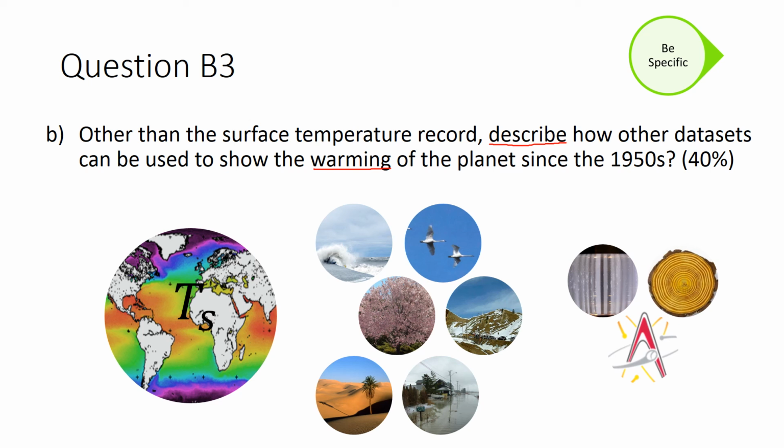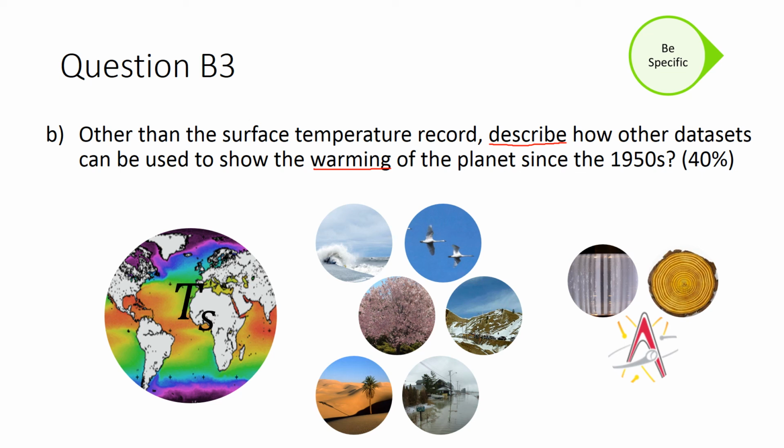So quite a few people wrote about proxies that can tell us about maybe past CO2 levels, which is a measure of the amount of carbon dioxide in the atmosphere from ice cores. Those are not data sets that show the warming. They're data sets that show the forcing that's then causing the warming.